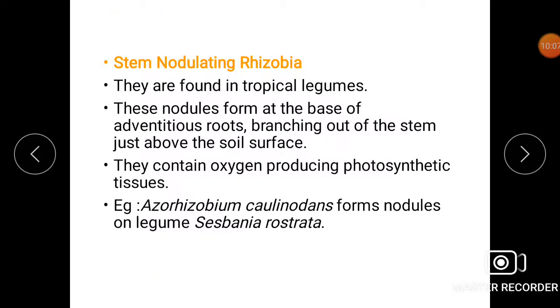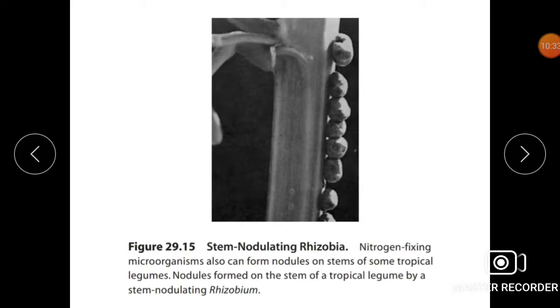In stem nodulating rhizobia, they are found in tropical legumes. These nodules form at the base of adventitious roots branching out of the stem just above the soil surface. They contain oxygen producing photosynthetic tissues. Examples are Azorhizobium caulinodans forming nodules on the legume Sesbania rostrata. It's a picture.